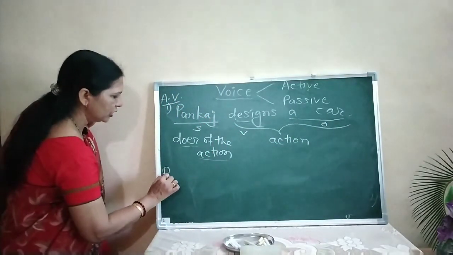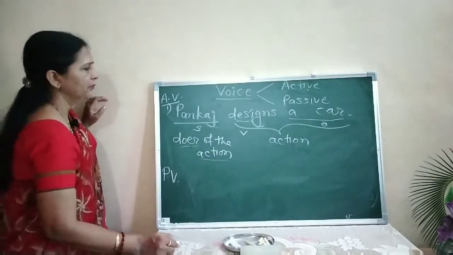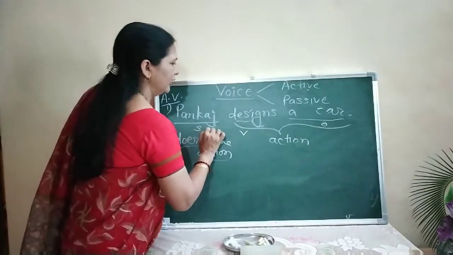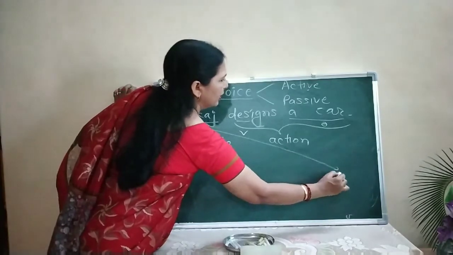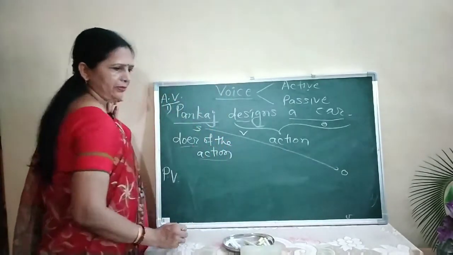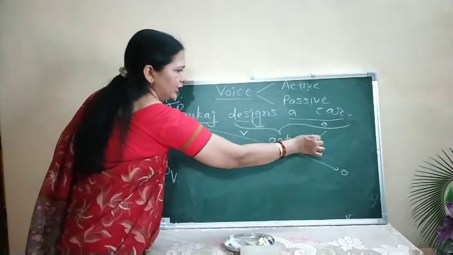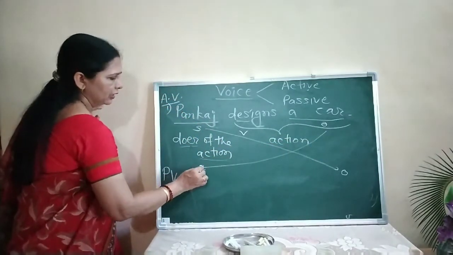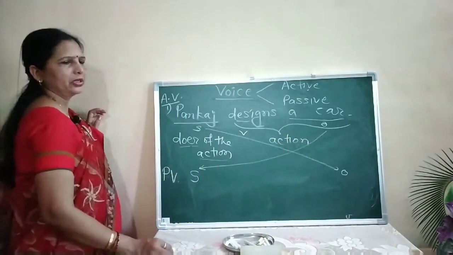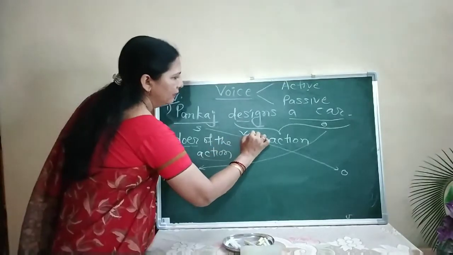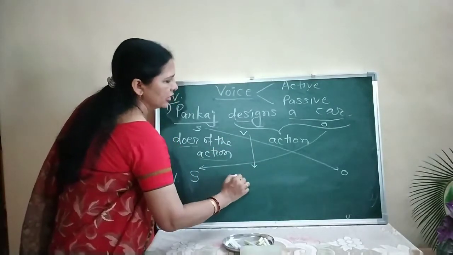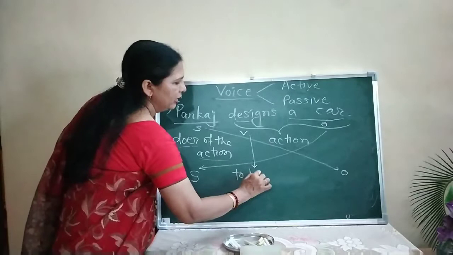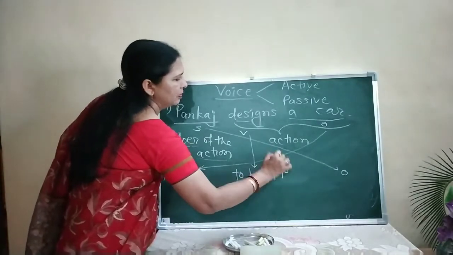When we want to change it to passive voice, the subject in active voice becomes the object. The object in active voice comes in place of the subject, and the verb changes to be plus past participle.